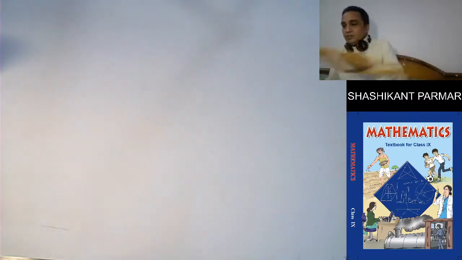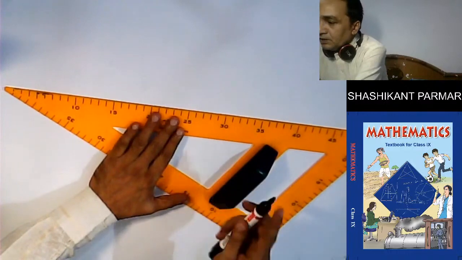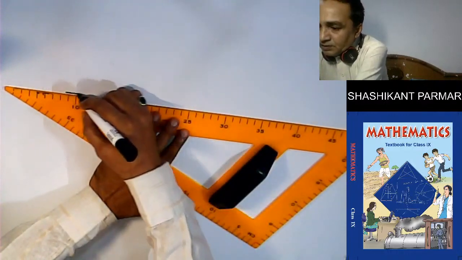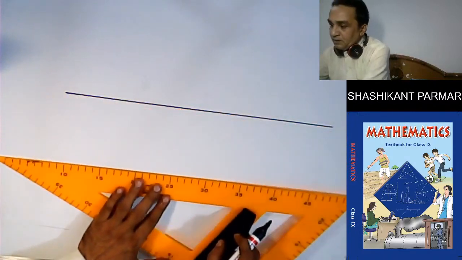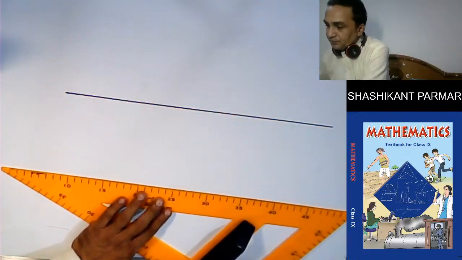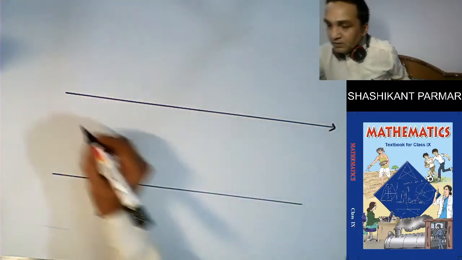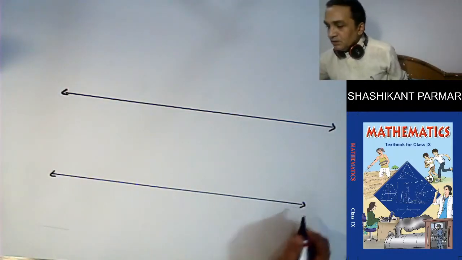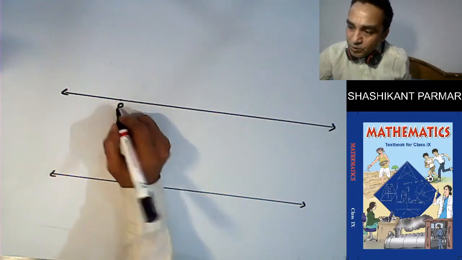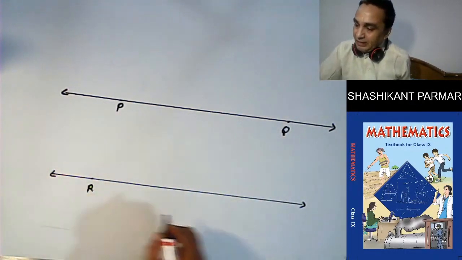Okay, see here, this is line PQ and this is line RS.